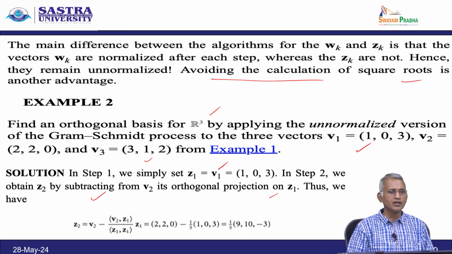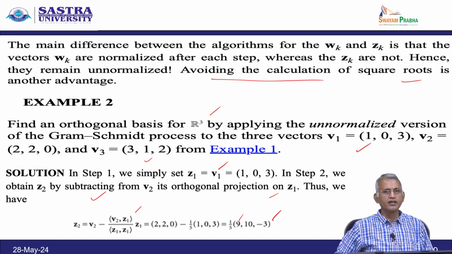So, Z2 equals V2 minus inner product of V2 and Z1 divided by inner product of Z1 and Z1, times Z1. V2 is (2, 2, 0) minus 2 by 10, which is 1 by 5, times (1, 0, 3). Now subtract component-wise: 2 minus 1 by 5 becomes 9 by 5, then 2 minus 0, and then 0 minus 3 by 5. So, this gives the corresponding vector.